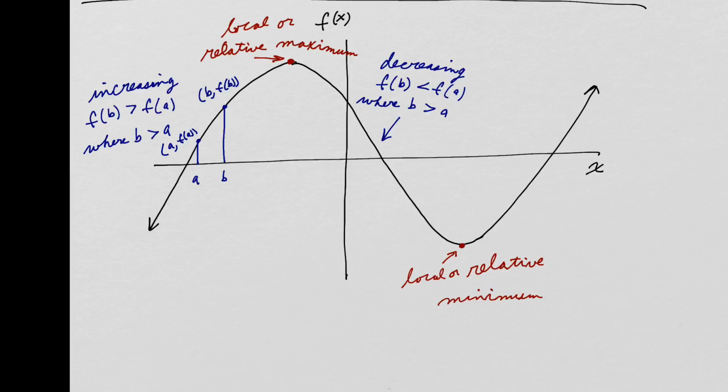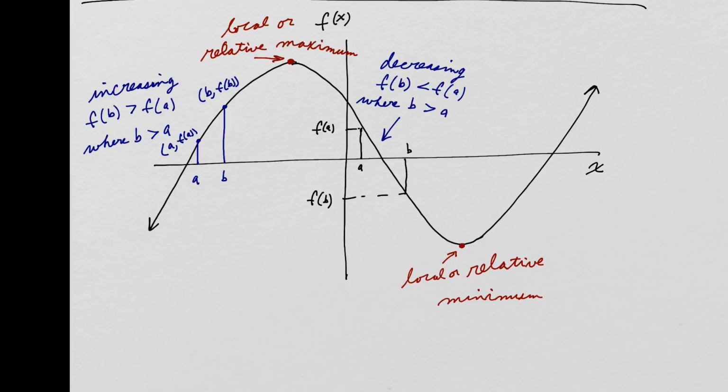So if I pick any, let's say I pick this point right here as my A, and maybe this point right here is my B. Right? So this would be f of A, and then this point right here would be f of B. So B is greater than A, and we also find that f of B is less than f of A, therefore it's decreasing.